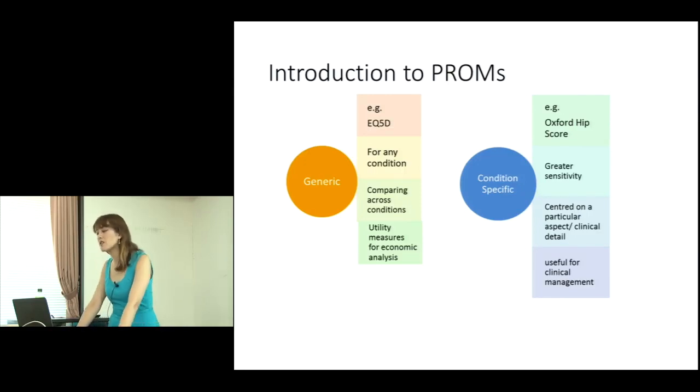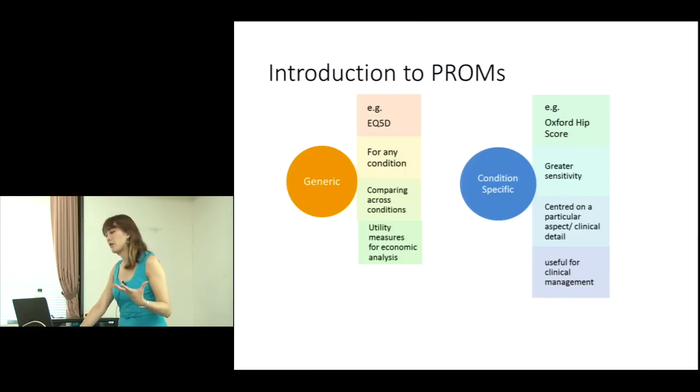And then there are also condition-specific PROMs, which are usually used alongside the generic PROMs because they have greater sensitivity and specificity to the conditions being used, to the relevant clinical details.